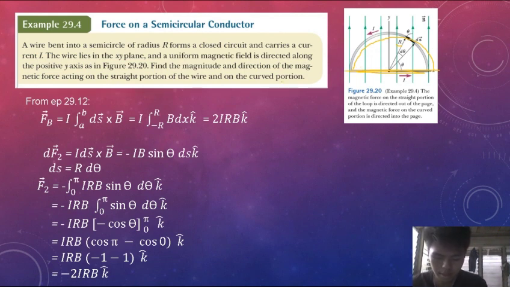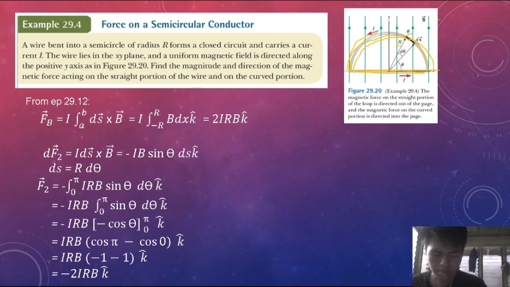We can use the right hand rule, and we can see that the force F1 on the straight portion of the wire is out of the page. And the force F2 is on the curved portion.